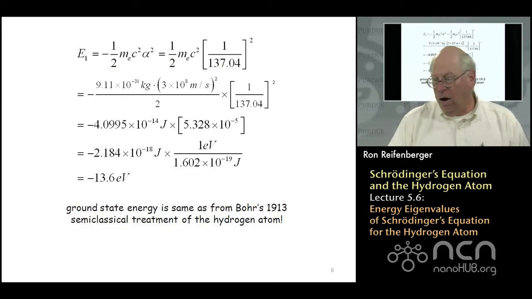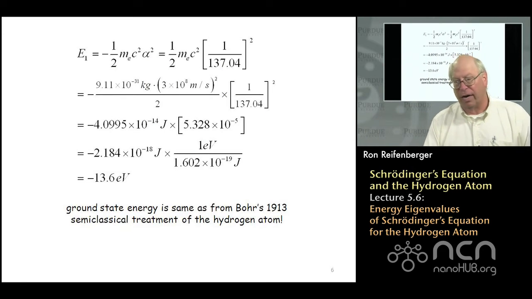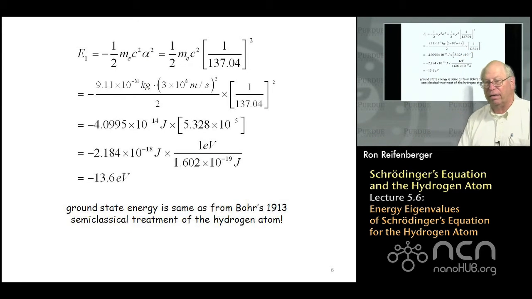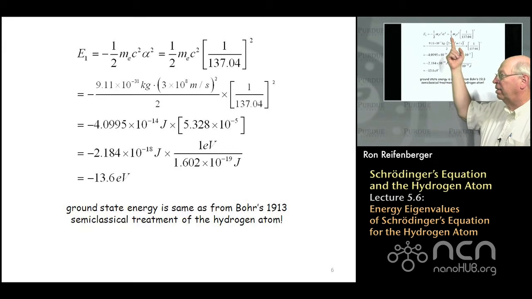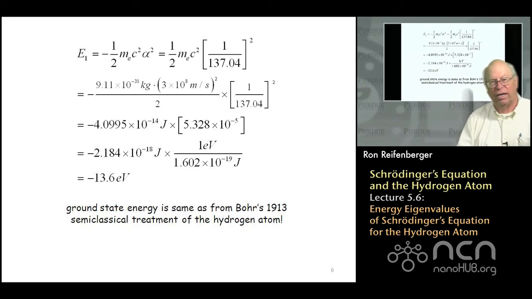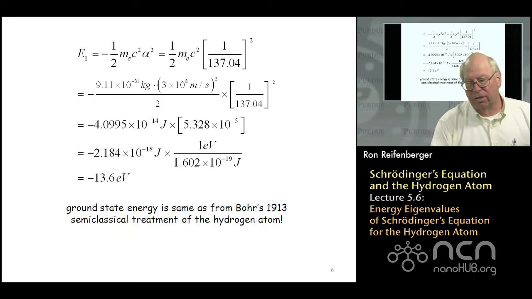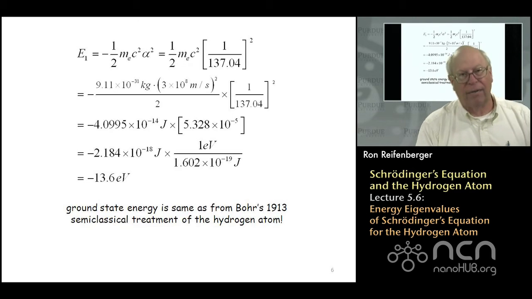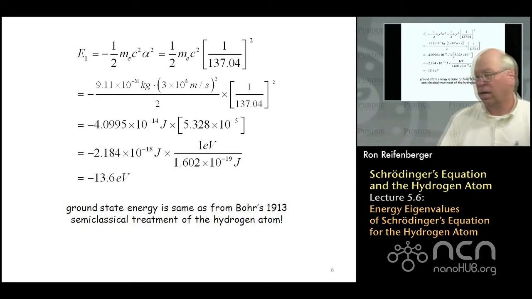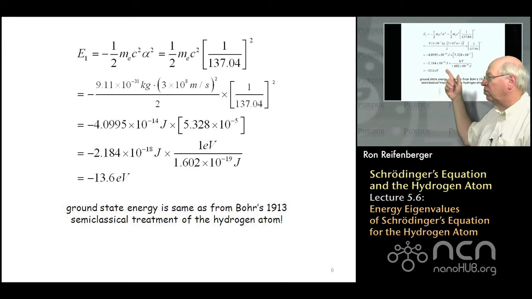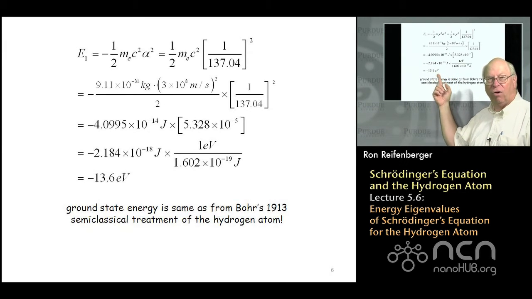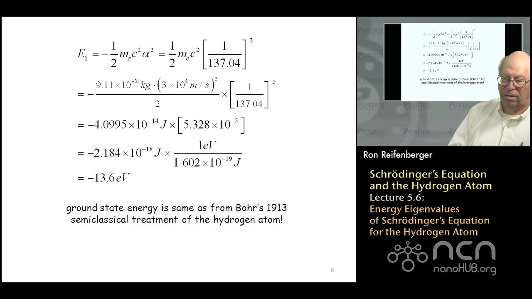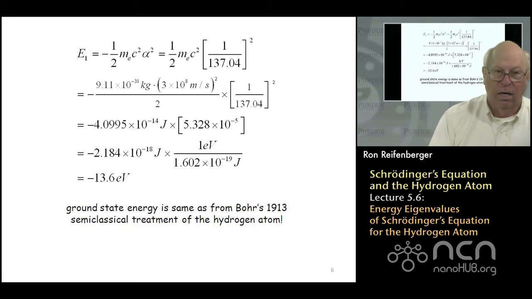All fundamental constants in nature here. c is the speed of light, m is the mass of the electron, and I just evaluate this expression here and find out that the allowed energy eigenvalue is -2.18 times 10 to the -18 joules. I can convert that to electron volts, and I get -13.6 electron volts.